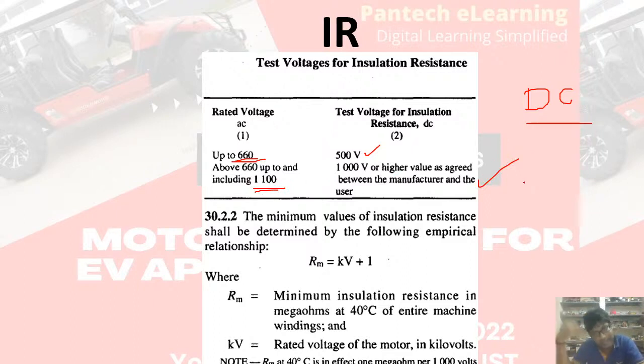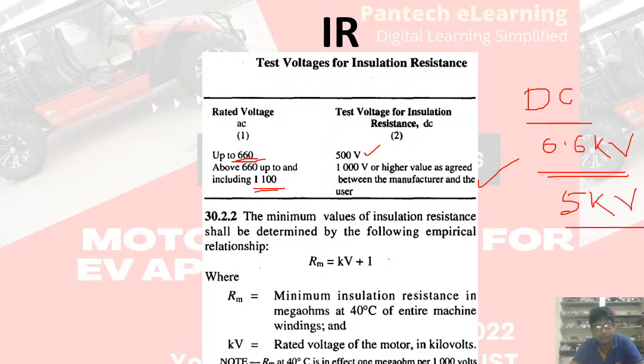For higher values, if the system is 6.6 kV, normally I use a 5 kV megger. The standard for this is IS 325, you remember, Indian standard. I'll write it this side, Indian standard 325.